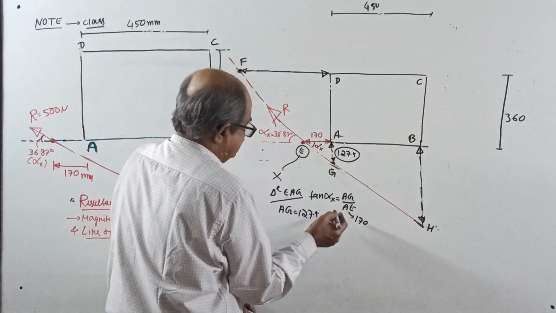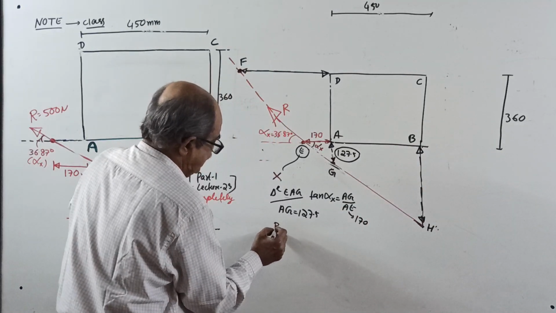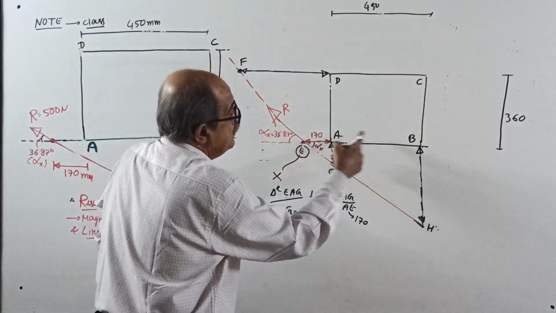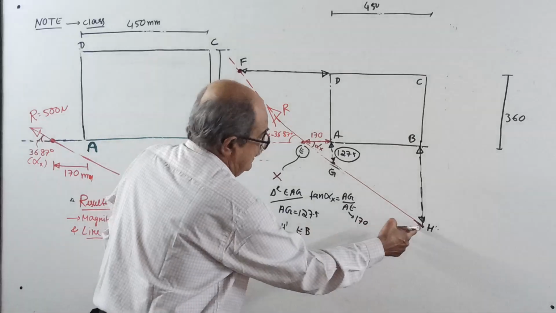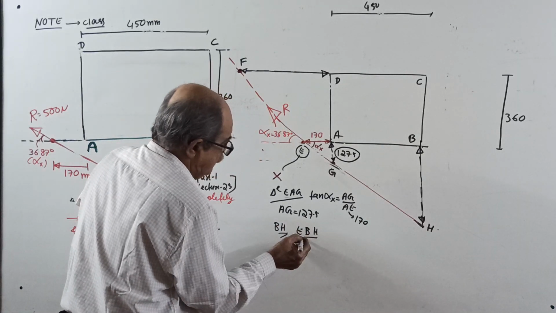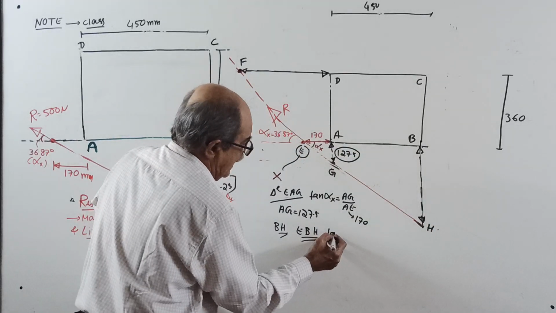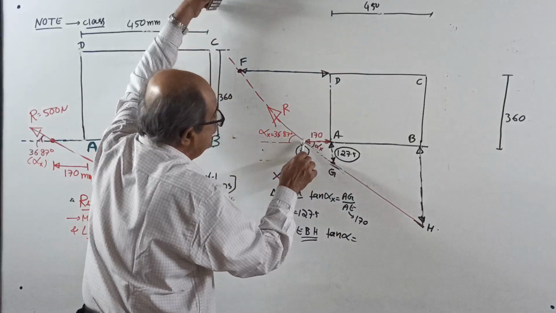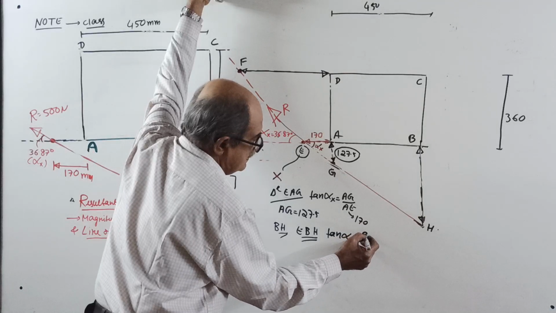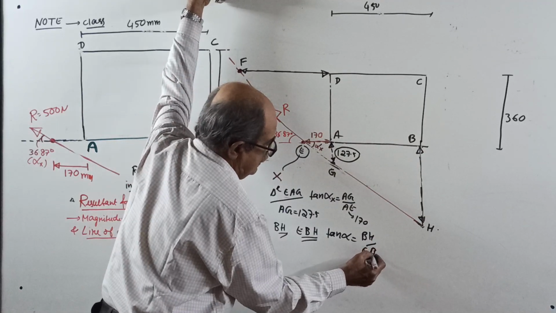Next I want to get BH. Use the triangle EBH. Once again, tan alpha equals BH divided by EB.